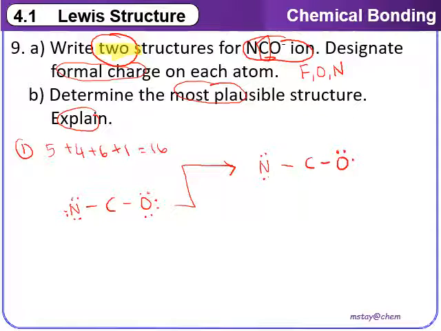As usual, we think of moving 1 electron from each of the terminal atoms, and then we form a double bond. So double bond between carbon and nitrogen, double bond between carbon and oxygen.